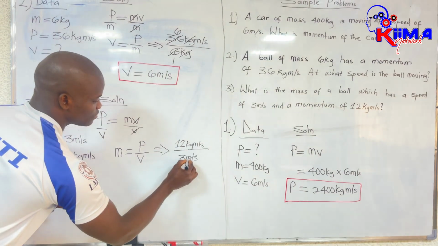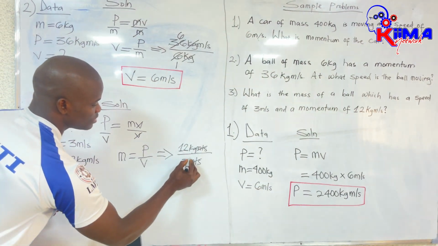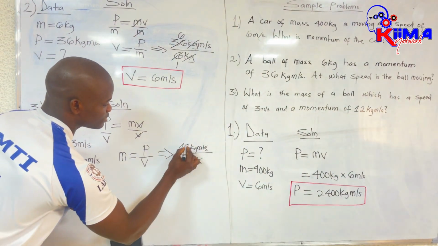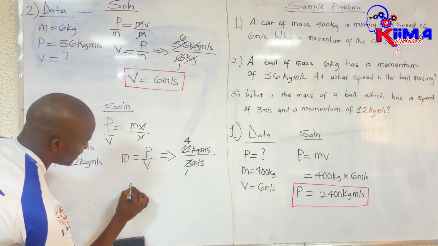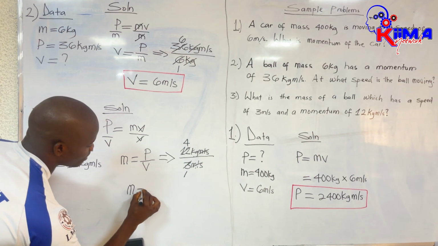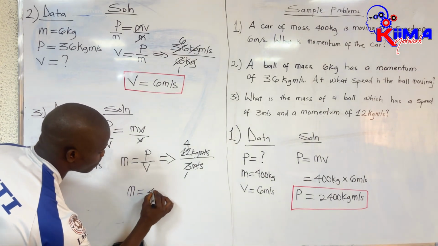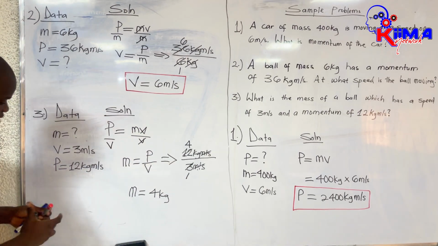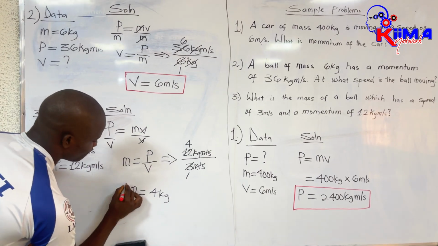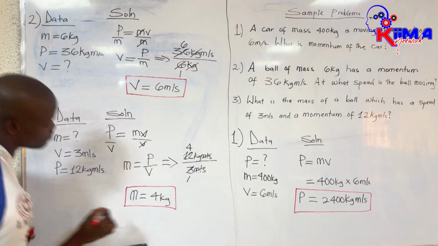So meter per second cancels meter per second. 3 into 12 is 4 times. So our mass now equals 4 kg. So this is the mass for this question.